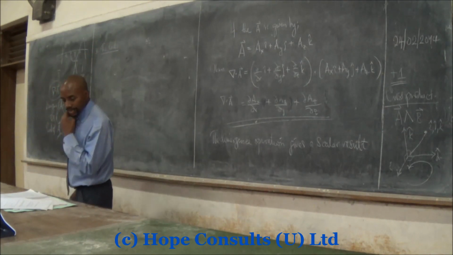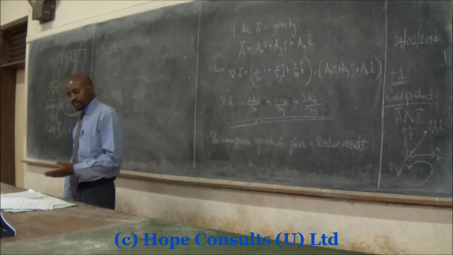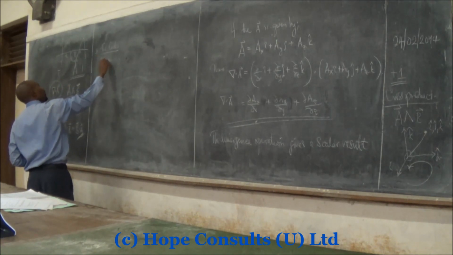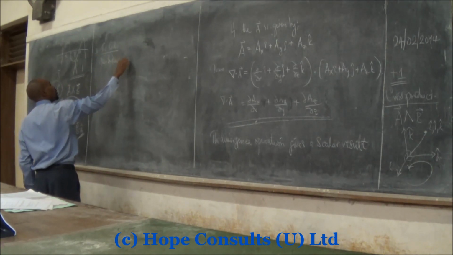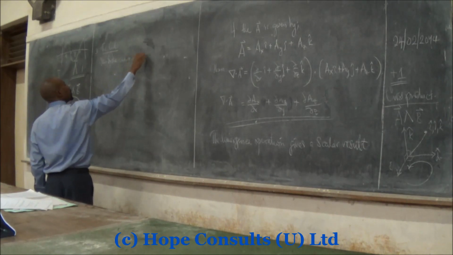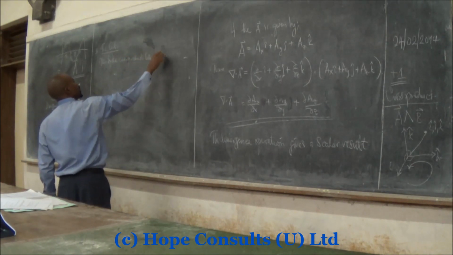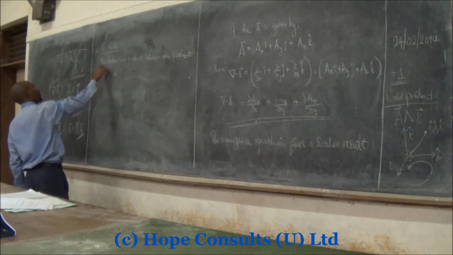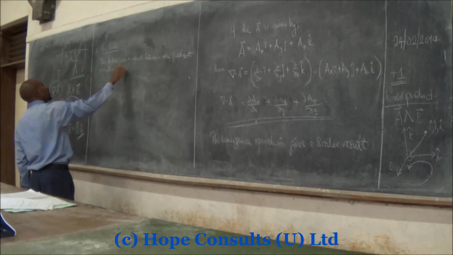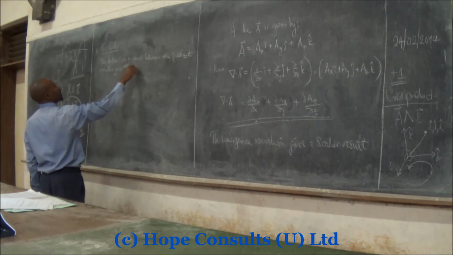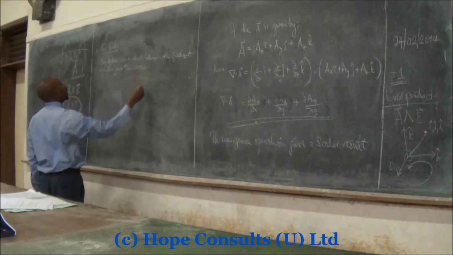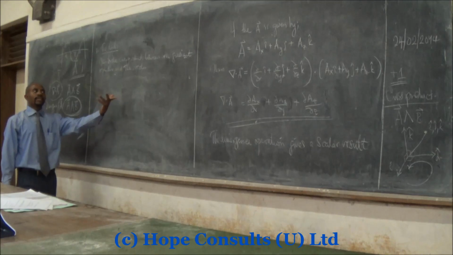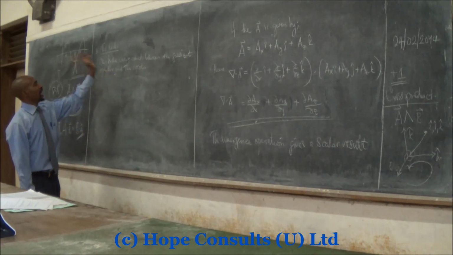And the curl of a vector is a cross product between the del operator and the vector. So the curl of the vector is the cross product between the del operator and the vector.